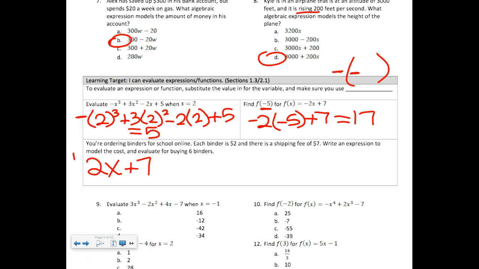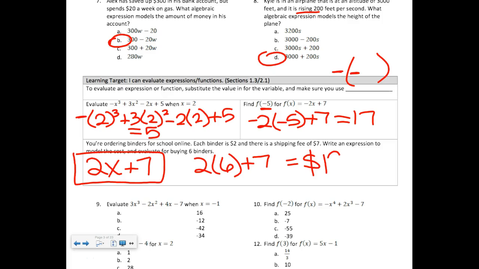So that's our first part. And then it says we know we're going to buy 6 binders. So I'm going to replace my x with 6. And how much is that going to cost us for 6 binders? 19. Yep.